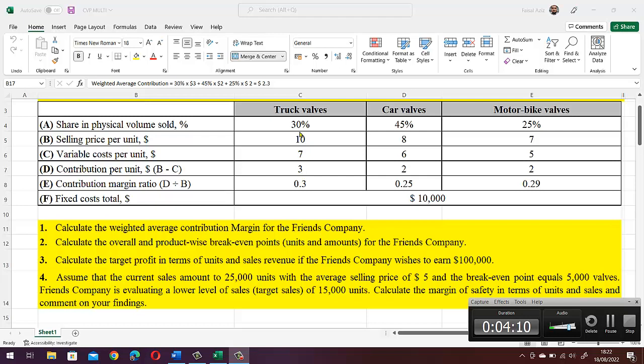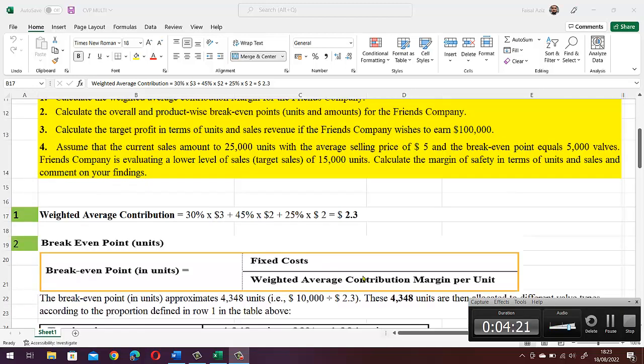So we will simply multiply both these values. We will repeat this for cars and motorbikes, and finally we will add all the results. So here you can see I have simply multiplied the weightages with the contributions. This way we get $2.3 weighted average contribution for the entire product line.